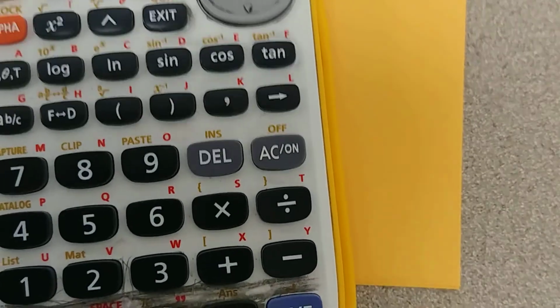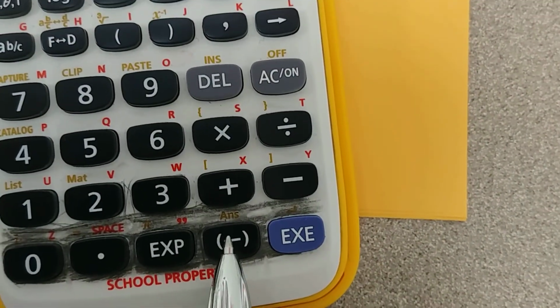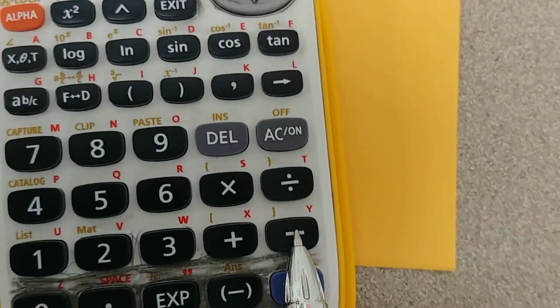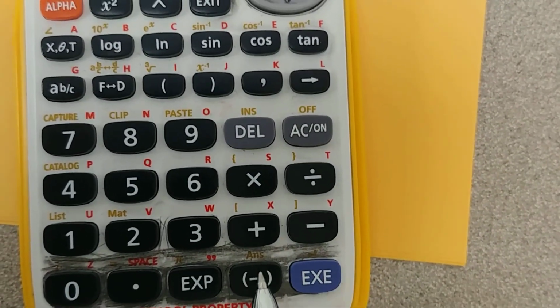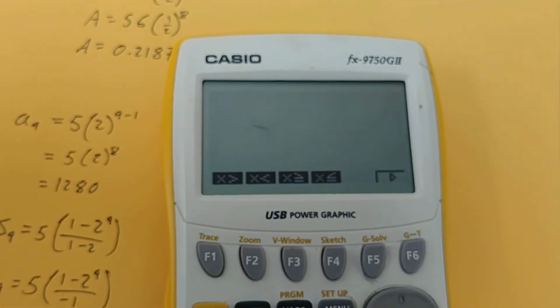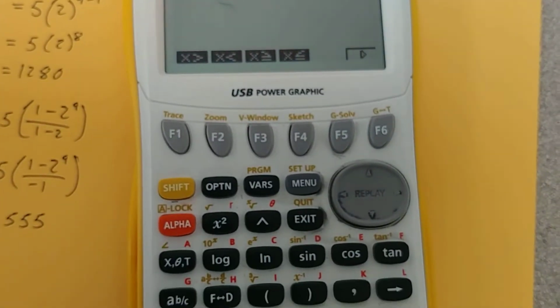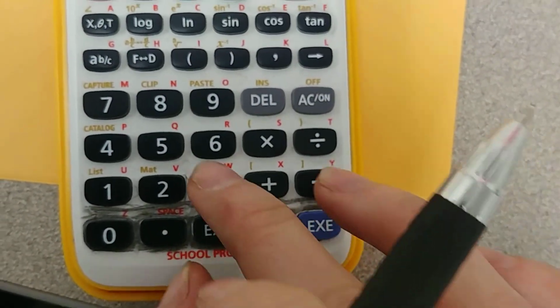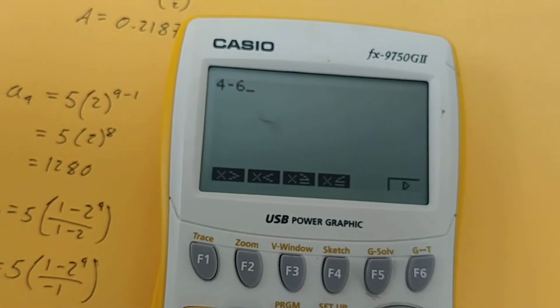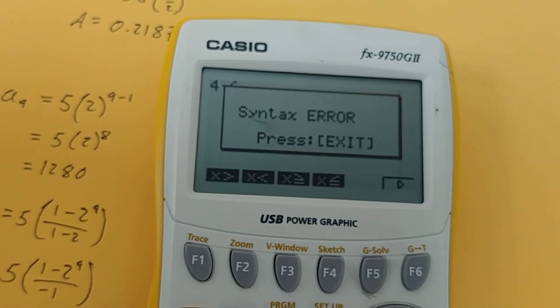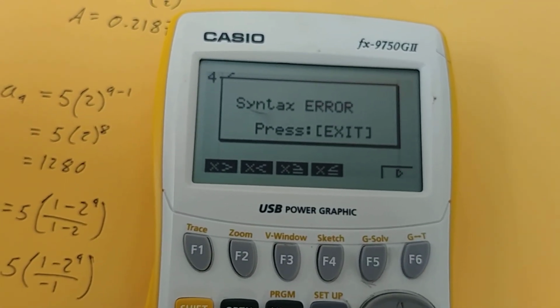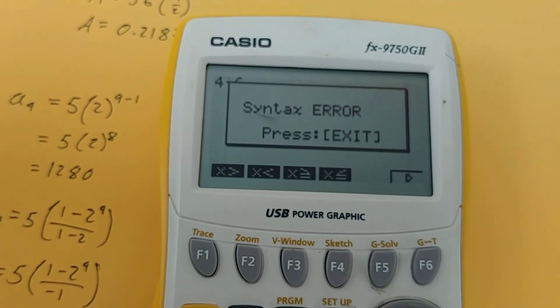Also remember this key will make negative numbers. So don't use the minus to represent the negative number, use the negative key. So let's say you do 4 and then a negative 6, you should get negative 2.